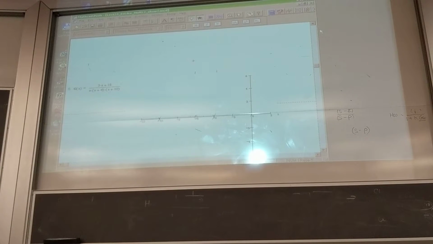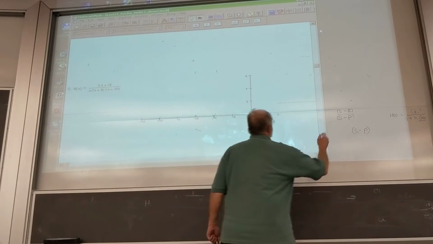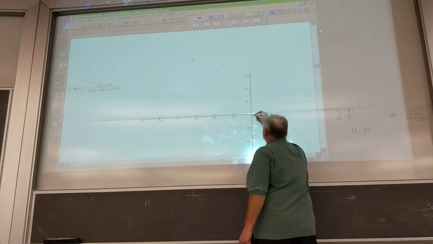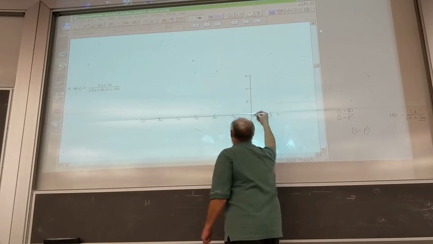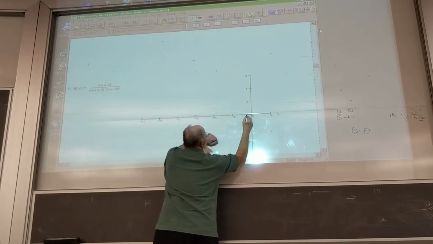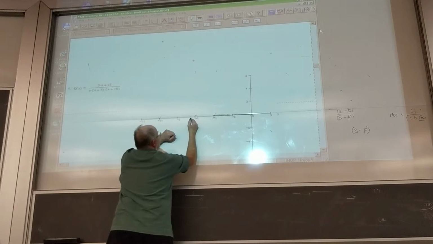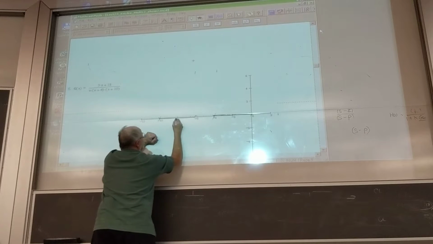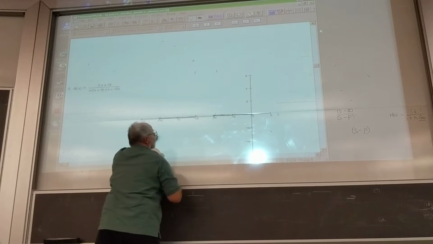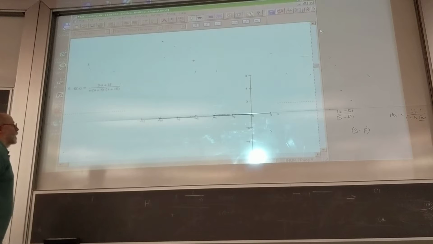That's what I always start with. Real axis rule says, what happens here? Locus. Okay, any here? No. Any here? Yes. Okay, that -10 will end at the -6, right?